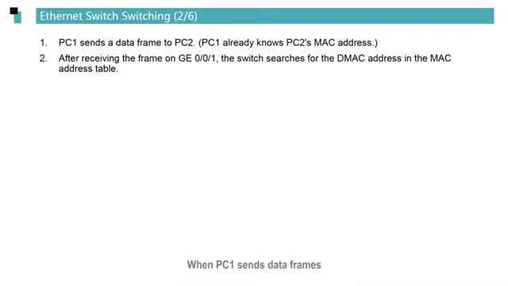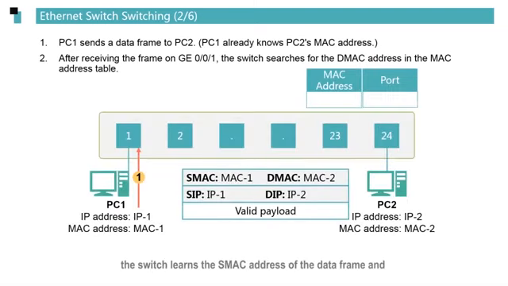When PC1 sends data frames, the source address is PC1's own MAC address, and the destination address is PC2's MAC address. In addition, the switch learns the SMAC address of the data frame and creates a MAC entry based on the SMAC address. This entry associates the SMAC address with the inbound port GE001 that receives the frame.